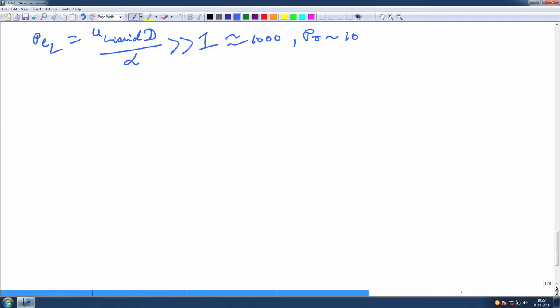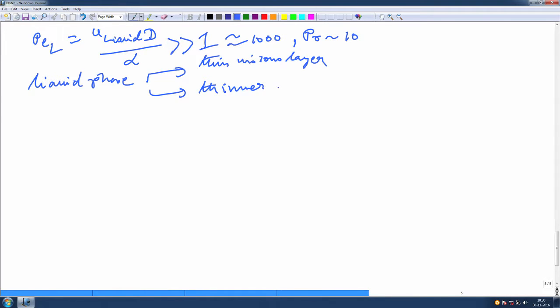order 1. So, in the liquid phase what do you expect? In the liquid phase you expect to see a thin viscous layer, right, and you can get a thinner thermal layer.